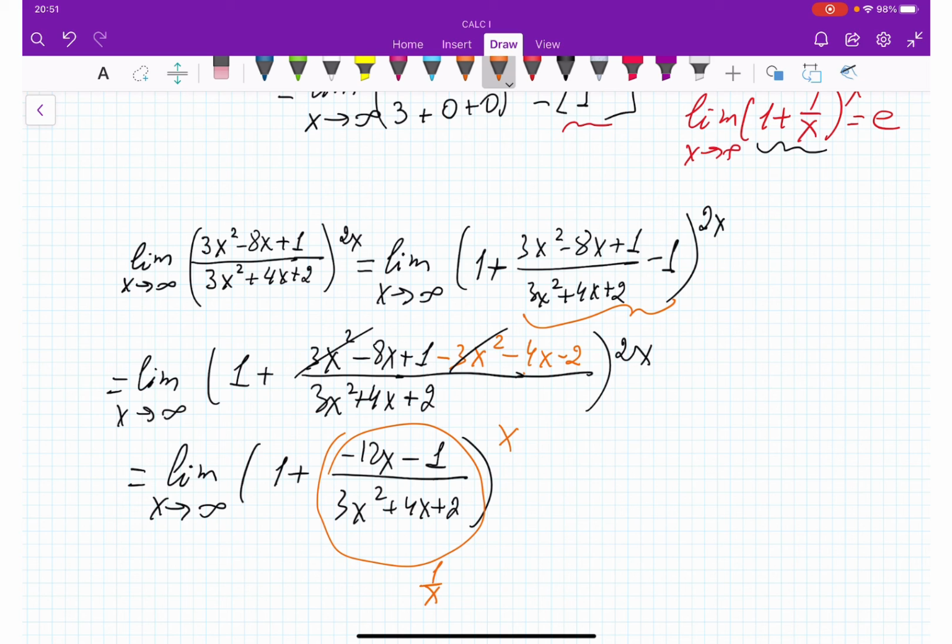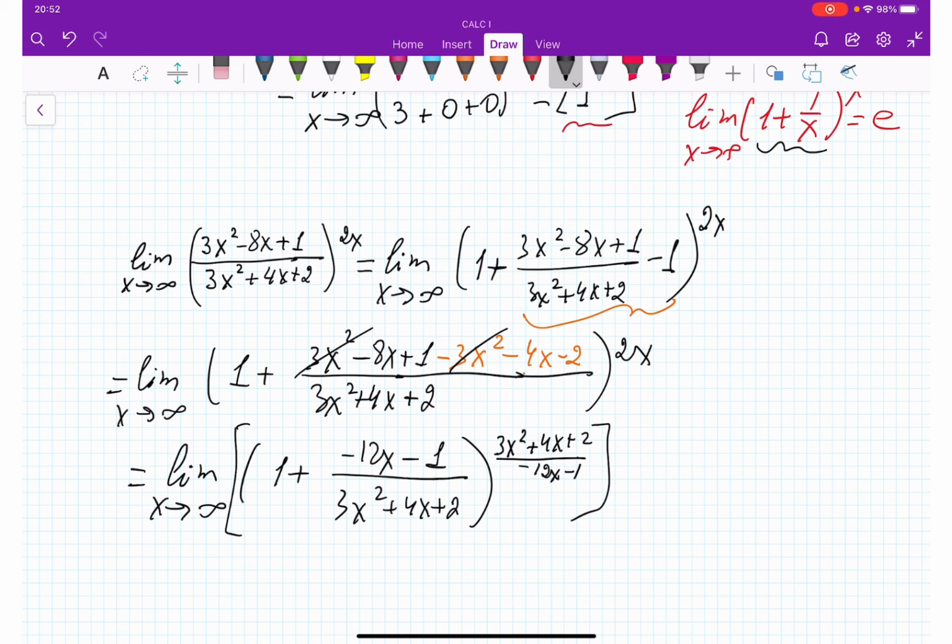And since x is the flip of the fraction 1 over x, we are going to do the following. It's going to be power 3x squared plus 4x plus 2 divided by negative 12x minus 1. Yes? And all this is going to go to power 2x.